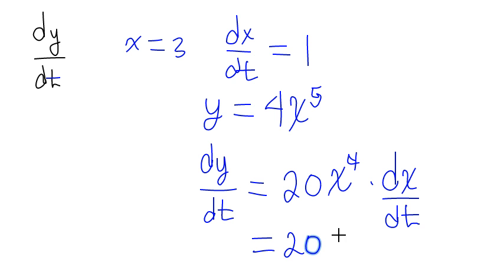So that's going to be 20 times 3 to the fourth power, and then this is just times 1. Okay, so 3 to the fourth power is 81, and 81 times 20, who knows what that is, but anyway, so there you go.